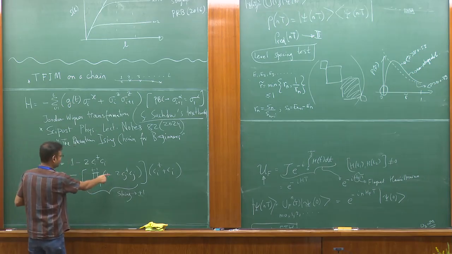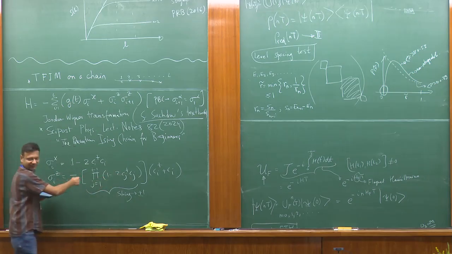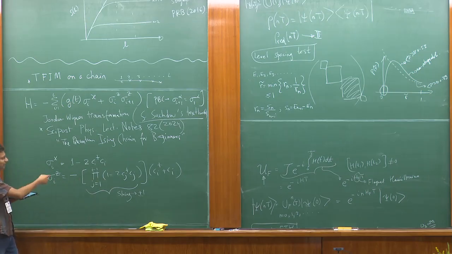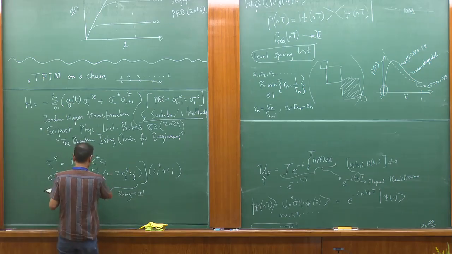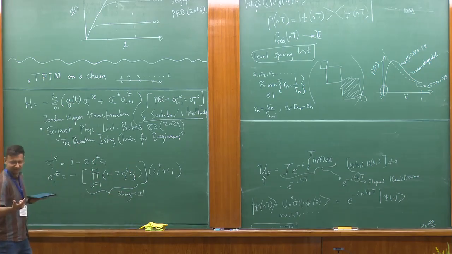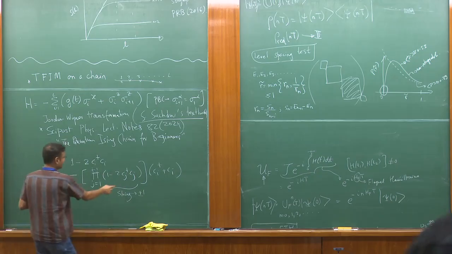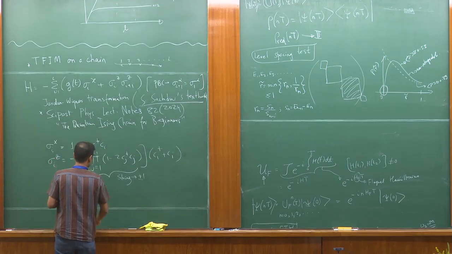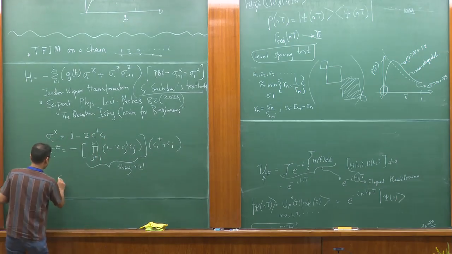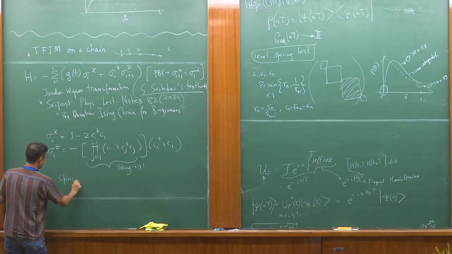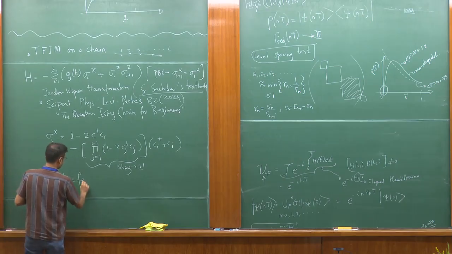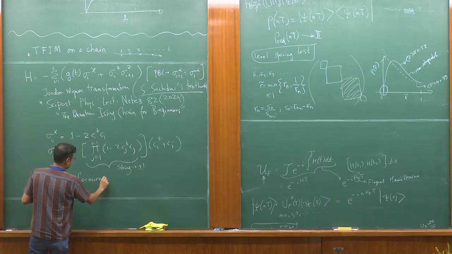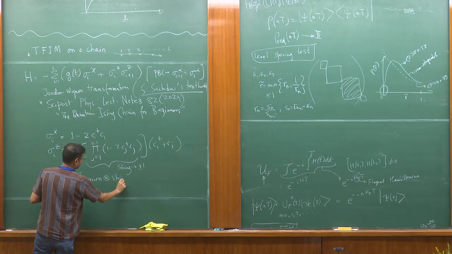So you're multiplying a bunch of +1s and -1s, and the end product of this operation can only be +1 or -1, and whatever that is gets multiplied by this operator. So you can think of it as breaking a spin into a fermion and a string.